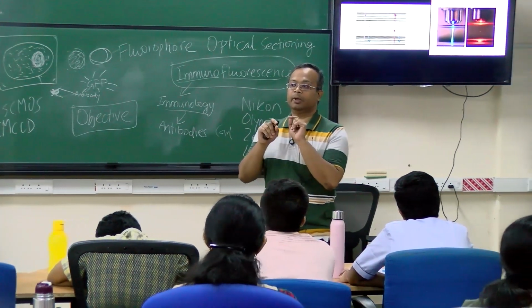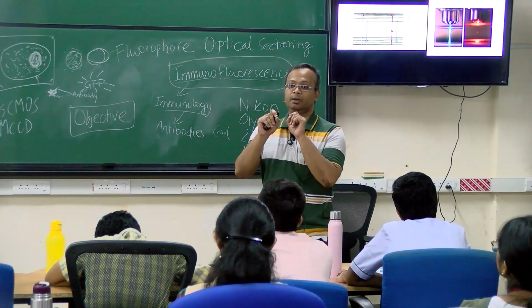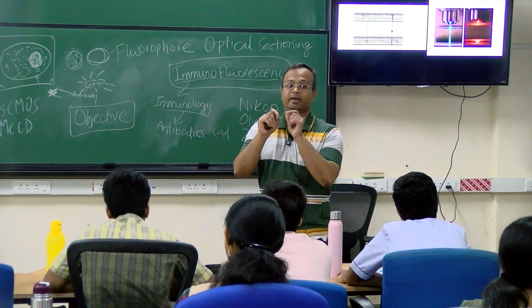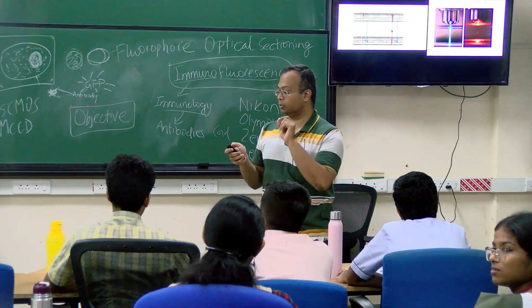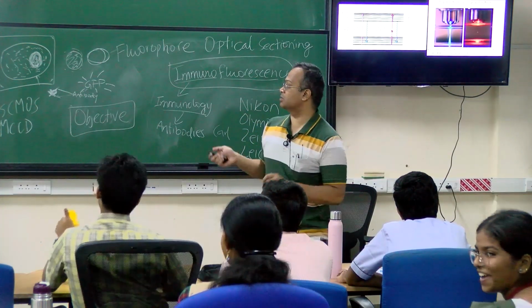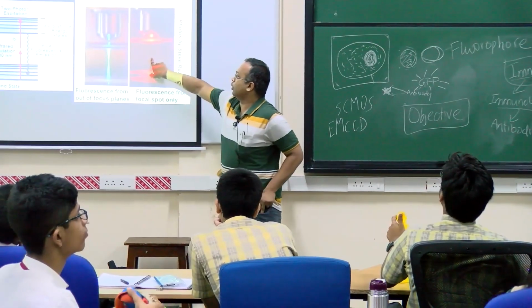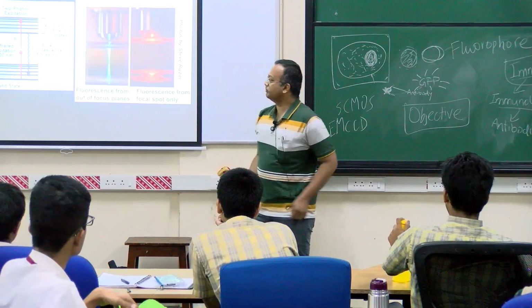And because the possibility of two photons simultaneously hitting one electron is very, very rare, the amount that you excite is very, very small. So maybe you can see this is a very small point that is fluorescent.